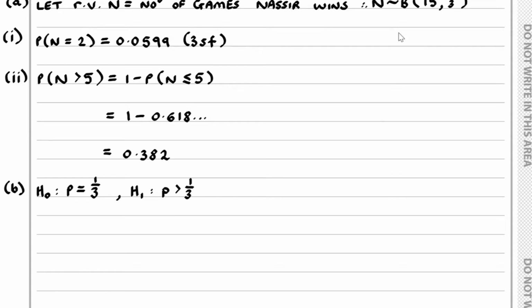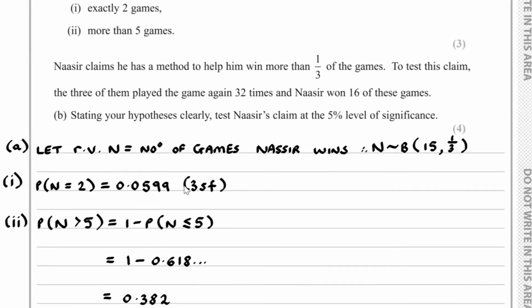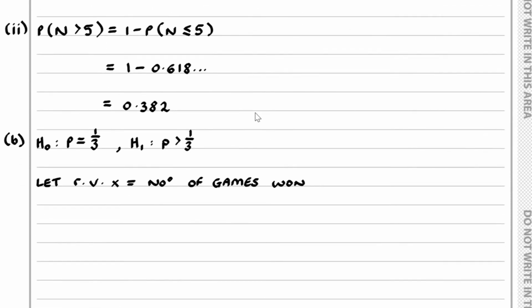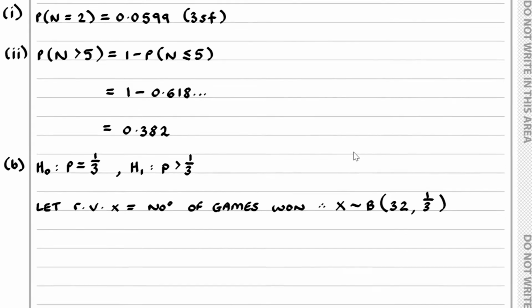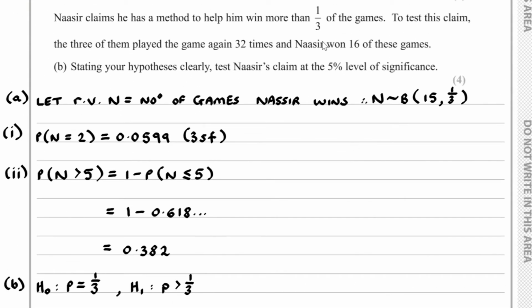And what we will do here, we will let the random variable x equal the number of games won. Now, we've got 32 games played. So, x follows a binomial distribution with parameters 32 and 1/3. And we see that Nazir won 16 of the games.